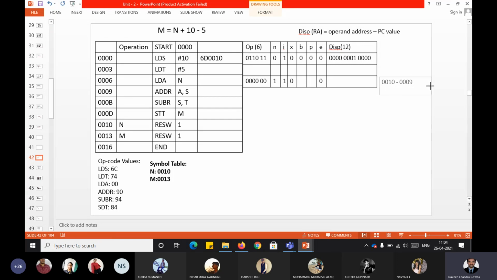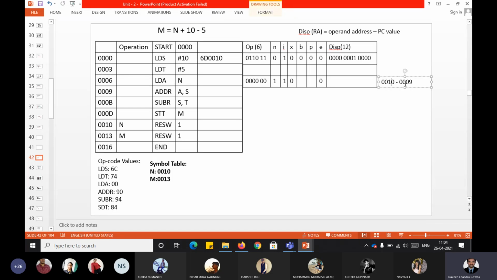I hope you got this point, how you got 009. If not, you can ask me, my dear students. So n is the operand, and the address of that n, we got to know from the symbol table, is 0010. Whereas when we are working on this instruction, PC will be pointing to the next instruction, that is the program counter. So what is the address there? It is 0009.